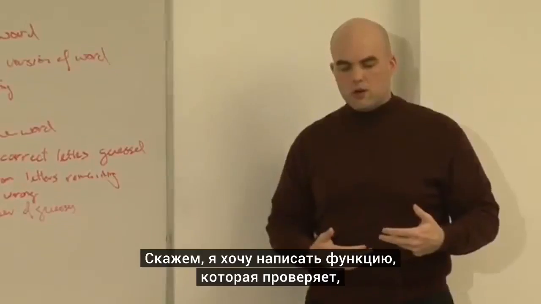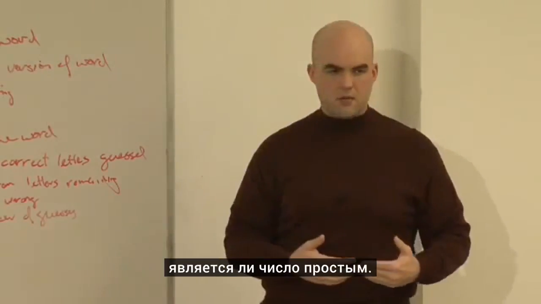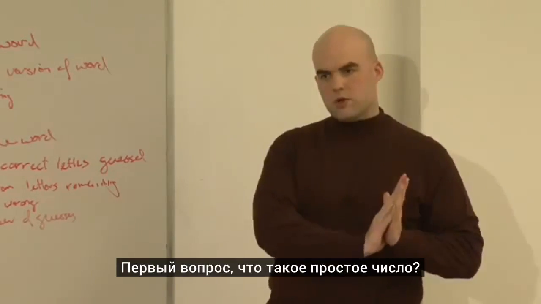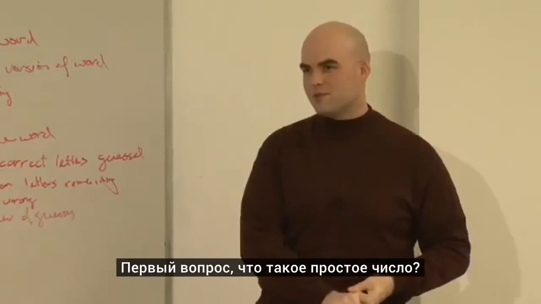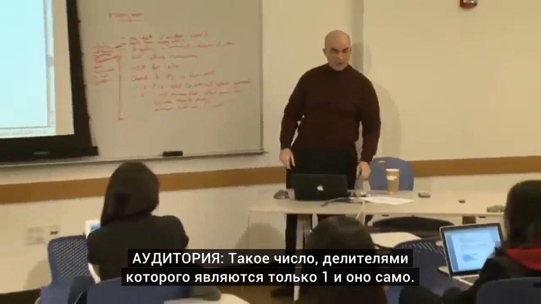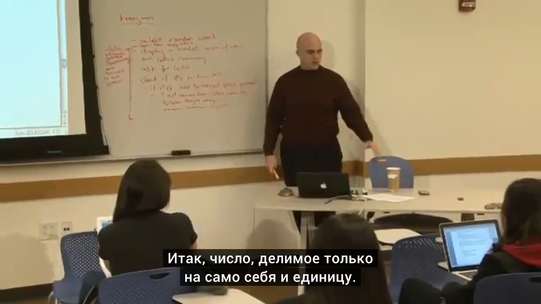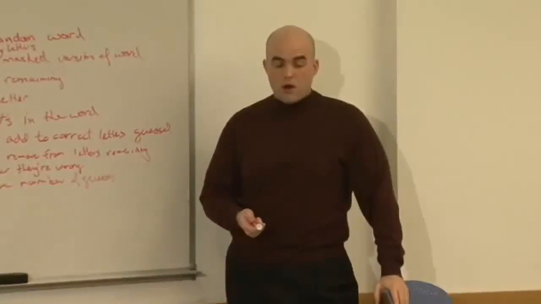So that we can see this in code form, let's say I want to write a function that tests a number to see if it's prime. First question is, what is a prime number? Right, a number that is only divisible by itself and 1.